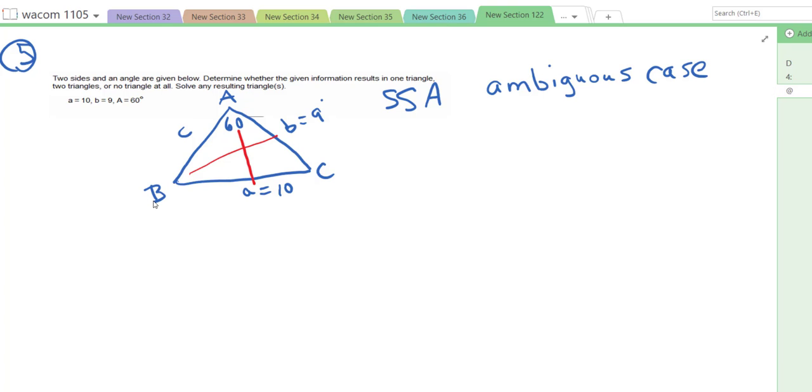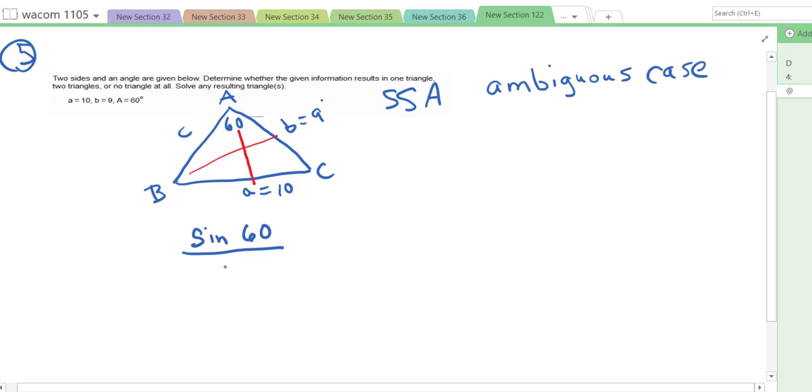So we'll work with what we have: sine of 60 over 10 equals, we don't know the B, so sine of B over 9.